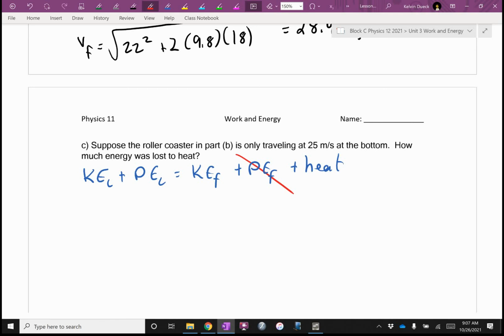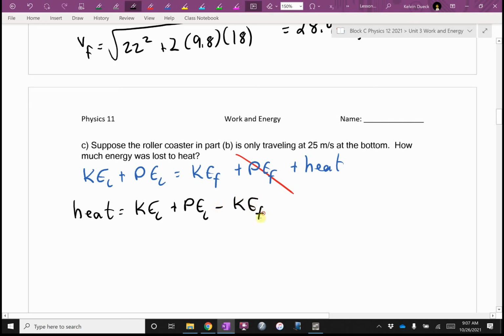Spencer, what am I trying to find? How would I get the heat by itself? This is the weird equation where people sometimes divide. I don't know why, but yeah. So it's going to be heat is equal to KE initial plus PE initial minus KE final.